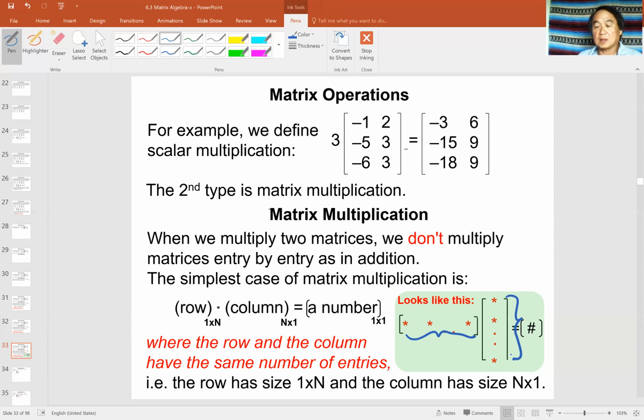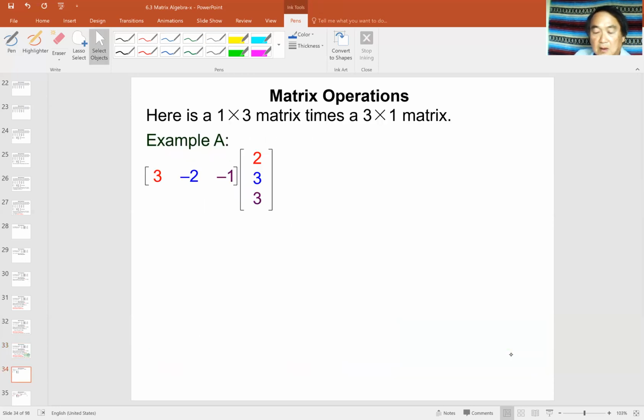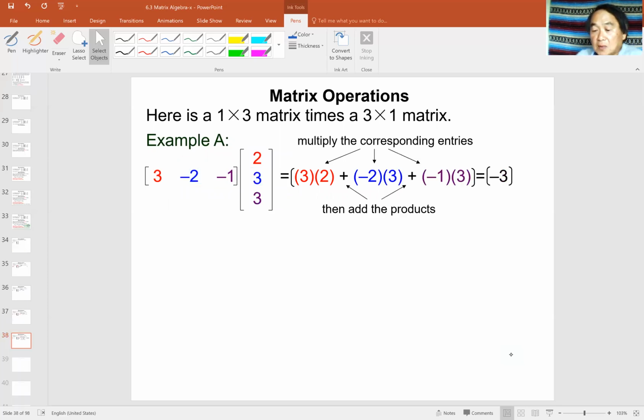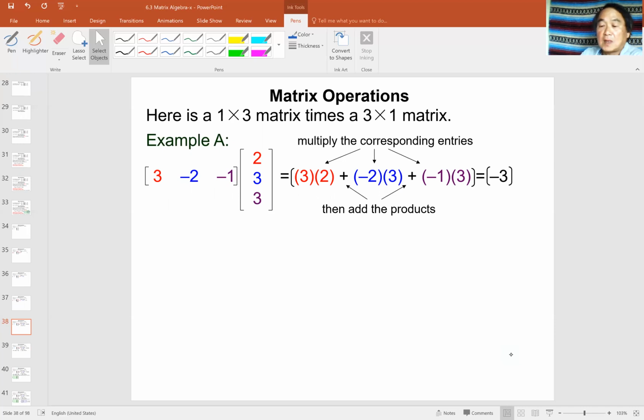It has to be in this format. How do we do it? When the sizes match, you multiply them entry by entry, the row entries times the column entries, pairing them up. After you finish multiplying them, you add them together. Then what you wind up with is a number, a one-by-one matrix consisting of a single number.